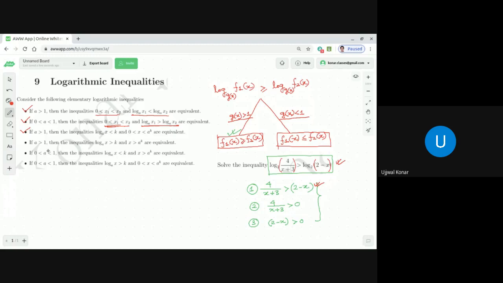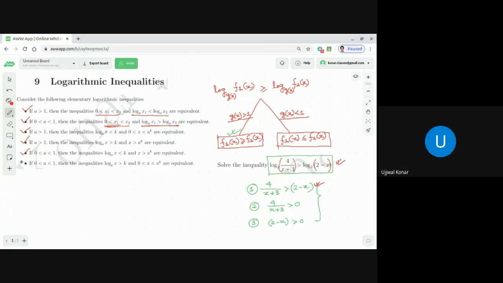Now the next one is that if a is greater than 1, then the inequality log of x base a greater than k and x greater than a power k are equivalent. And the last two points: for 0 less than a less than 1, the inequality log of x base a less than k and x greater than a power k are equivalent.